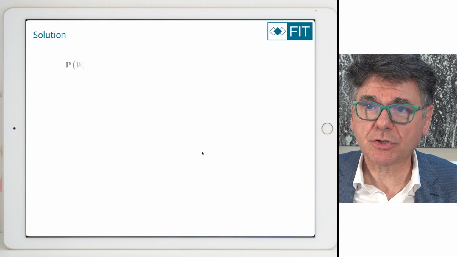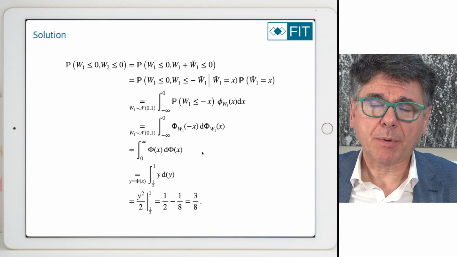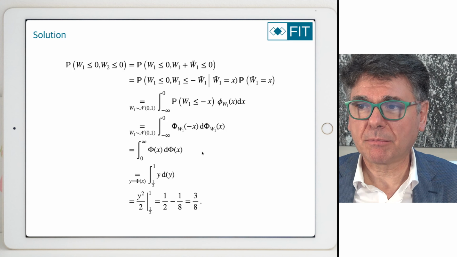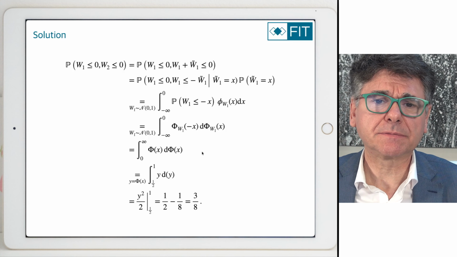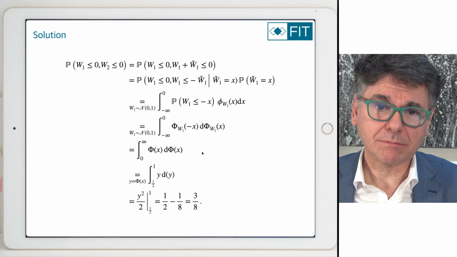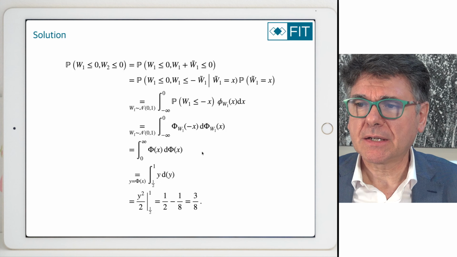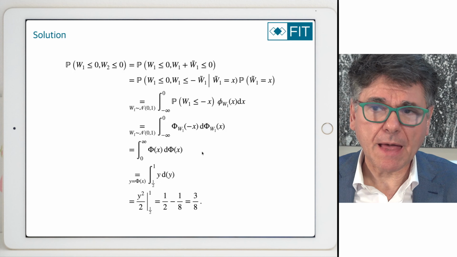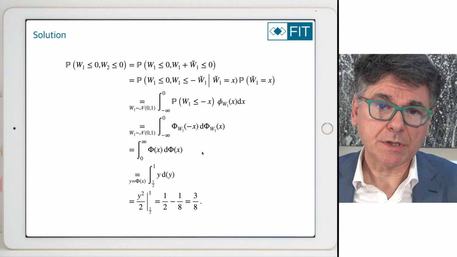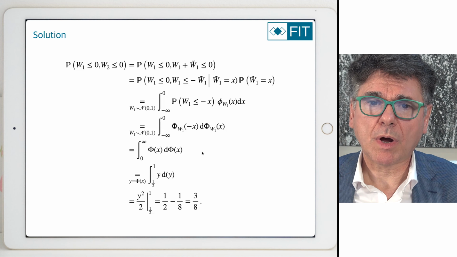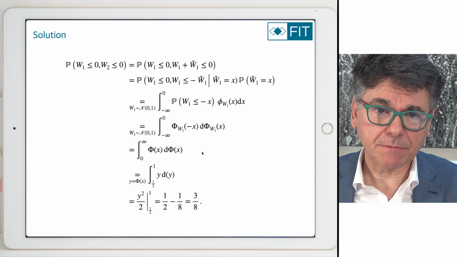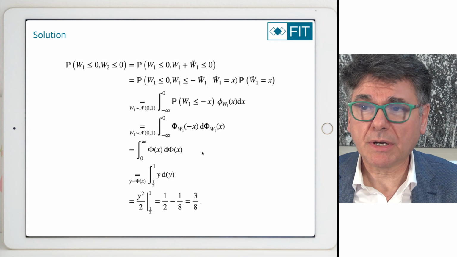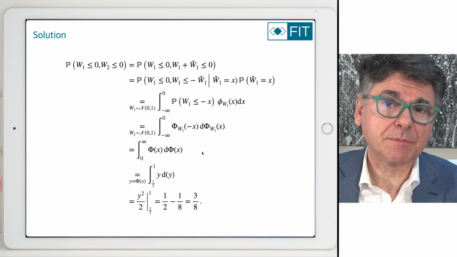So the solution is the probability that my Brownian motion is negative at time 1 and negative at time 2 is the same as the probability that the value at time 1 is negative and the increment is less than or equal to the negative of the value at time 1, conditional on W1 being equal to x, times the probability density of that.